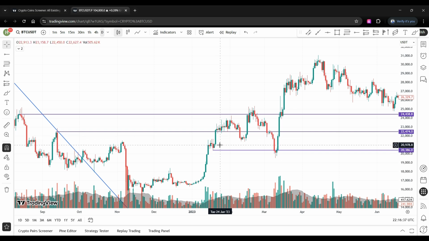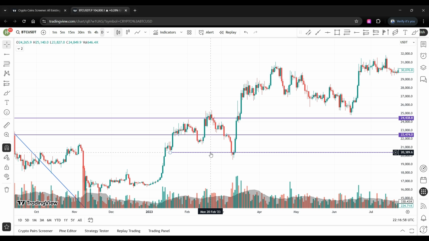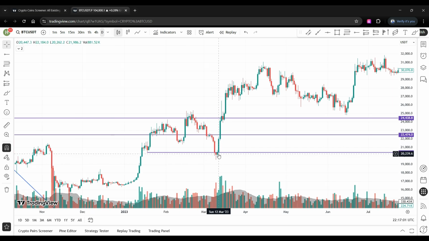Look, the market fell down and liquidated all these traders who placed their stop loss here. Okay, and the market started an uptrend.